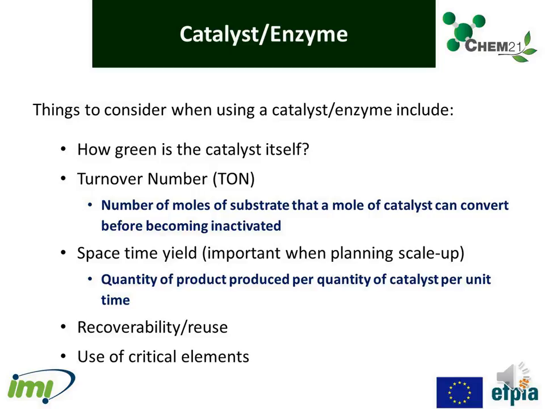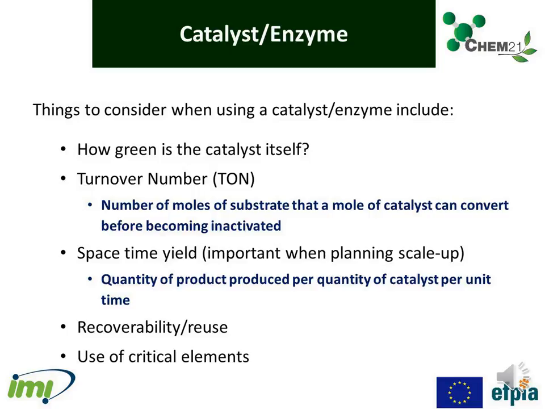So the metric toolkit also analyzes reagent use. So these are the materials that you've input into the reaction to facilitate it, but don't actually form part of the final product. And I just wanted to stop for a bit and talk a little bit about catalysis, or use of enzymes or chemocatalysis.